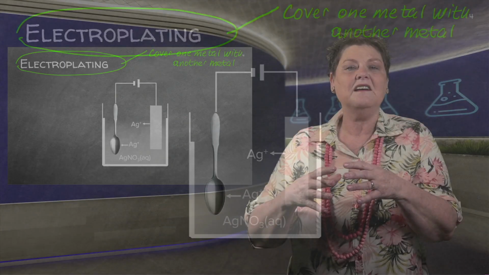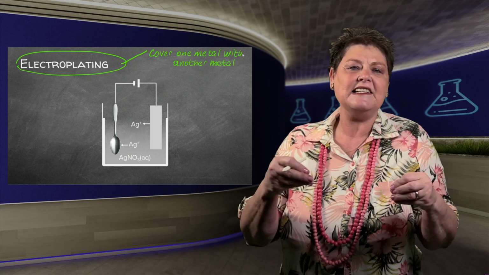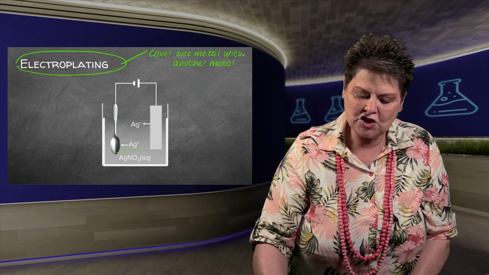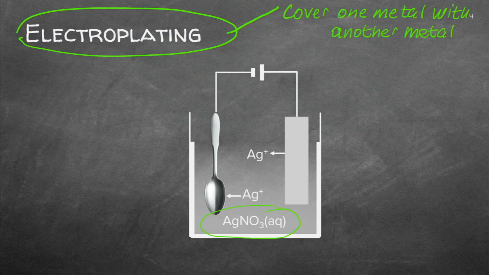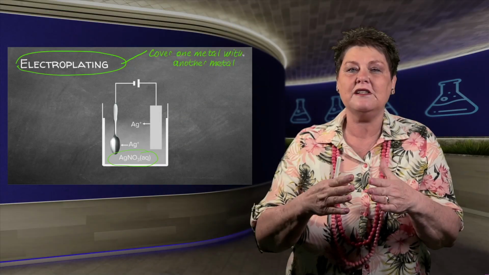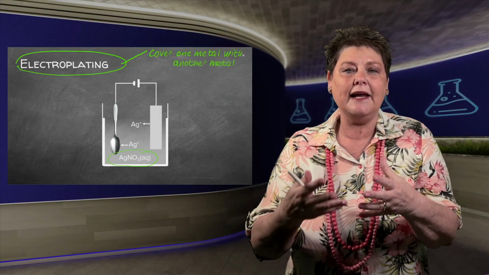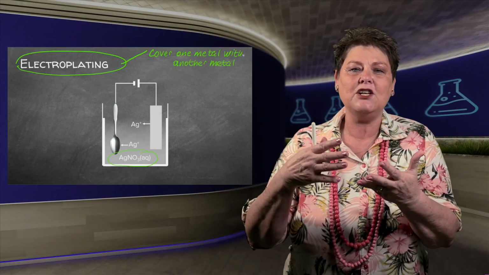So you take a spoon that is stainless steel, you put it in a mixture with real silver, and you find when you take that stainless steel spoon out that it's covered with real silver. And that's the way they electroplate cutlery and jewelry.